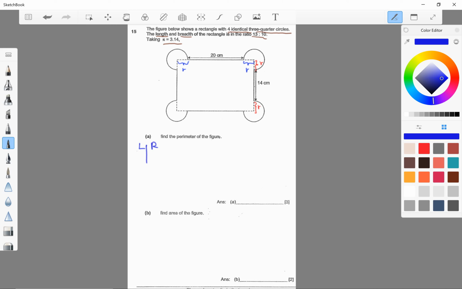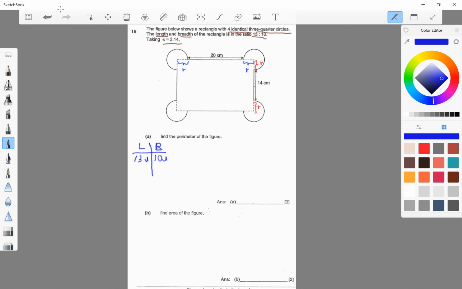So what we actually realize is that the length to the breadth of the rectangle is in this ratio of 13 units to 10 units. If you're following the ratio table that I'm drawing right now, I'm redrawing it so that it's clear for everyone. So length is 13 units and the breadth would be 10 units.